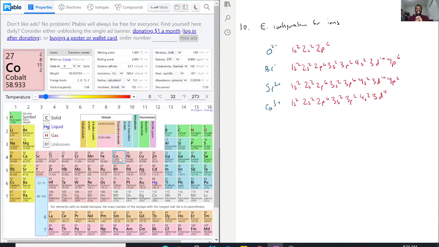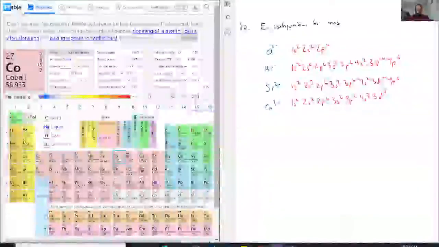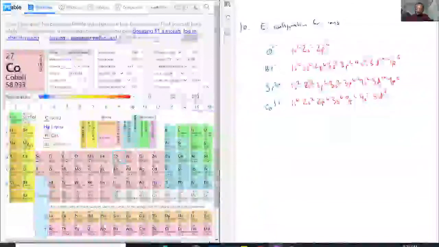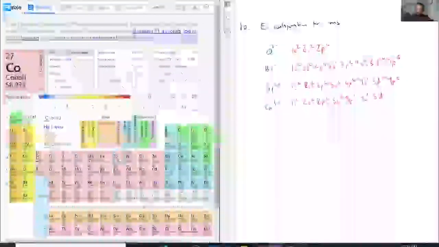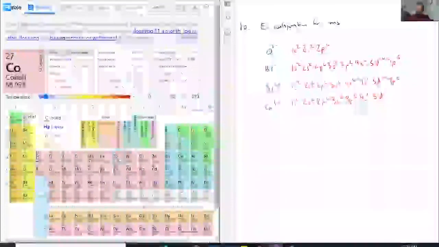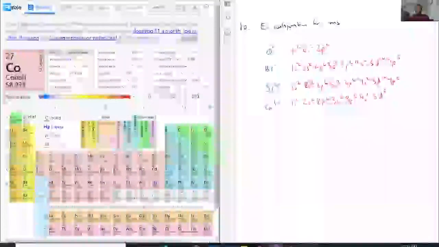3d4 is so close to 3d5, where all the orbitals are half filled, that it would actually prefer that. And so that means it would take an electron from its outer shell, the 4s, and this would become 4s1, 3d5, because now we have 2 shells that are halfway filled, okay?